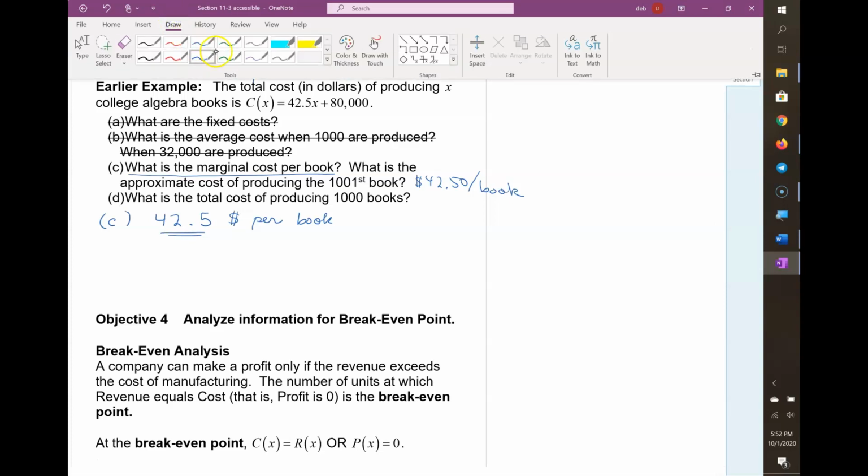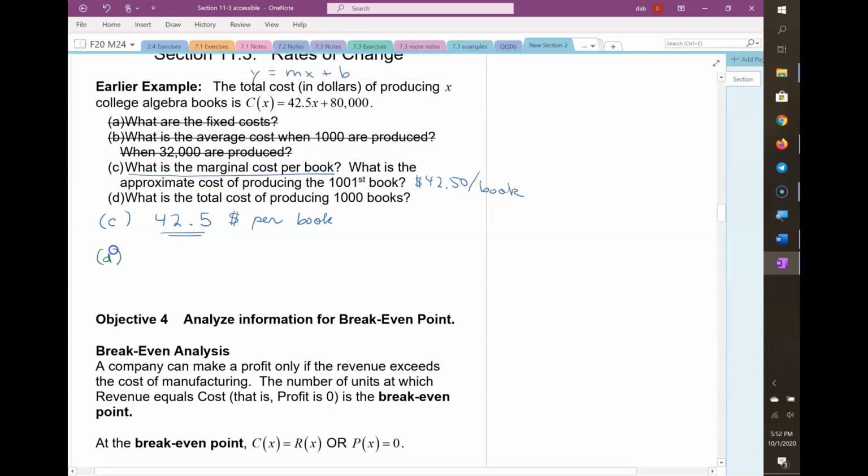Okay, then what's the total cost of producing 1,000 books? That's C of 1,000. So when you take your cost function and you plug in an x, you're getting the total cost. So think of this as a total cost function. I'm going to replace x with 1,000 in the function.